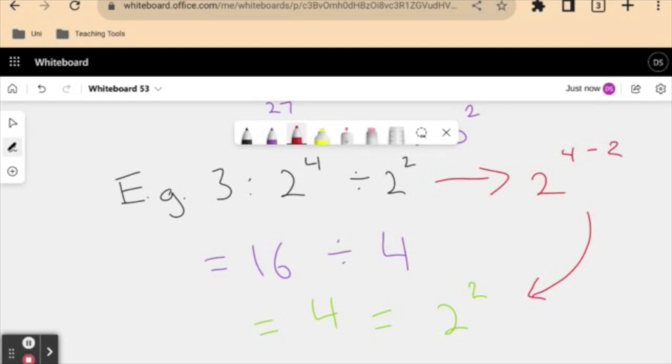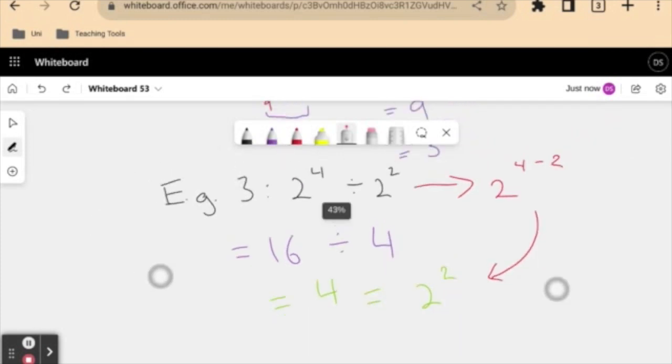So indices are just a shorthand way of working with numbers when we multiply these same numbers. We established in the last video, as well as this video, that when we multiply and divide numbers of the same base to some power, some patterns start emerging.